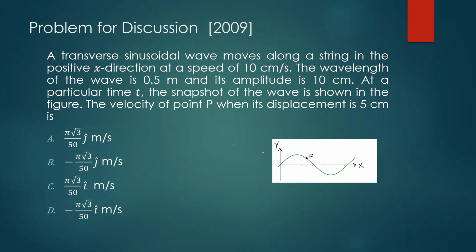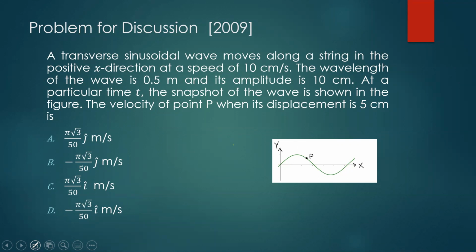I think you know string waves are transverse waves. Now the problem says the wave is moving to the right. This is a snapshot, like you have taken a photograph of the wave at a particular time.